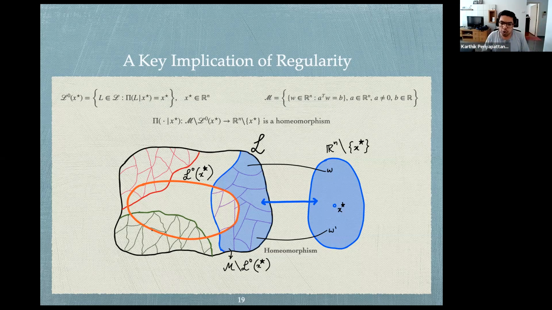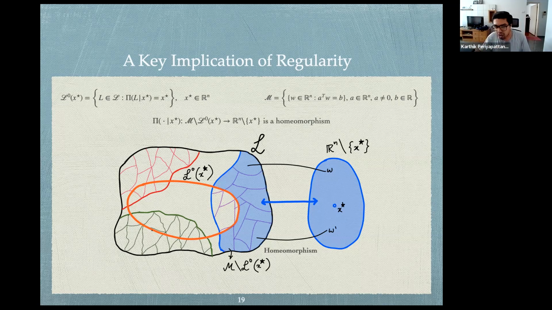So in Rn, you look at all those sets which are defined by one measurement. If you restrict yourself to the class of all those sets defined by one measurement, but you exclude those sets for which the projection is X star itself, then that collection of sets has a one-to-one, onto and continuous mapping with the set of all Rn punched at X star.